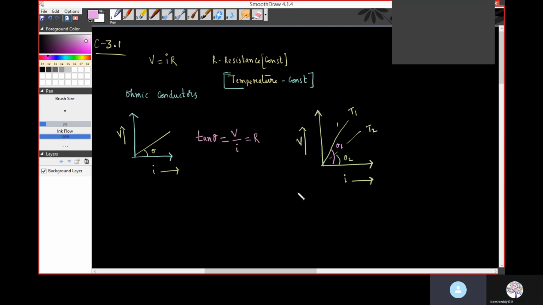Here tan theta 1 is greater than tan theta 2, which means R1 is greater than R2, because if the temperature increases, then resistance increases.